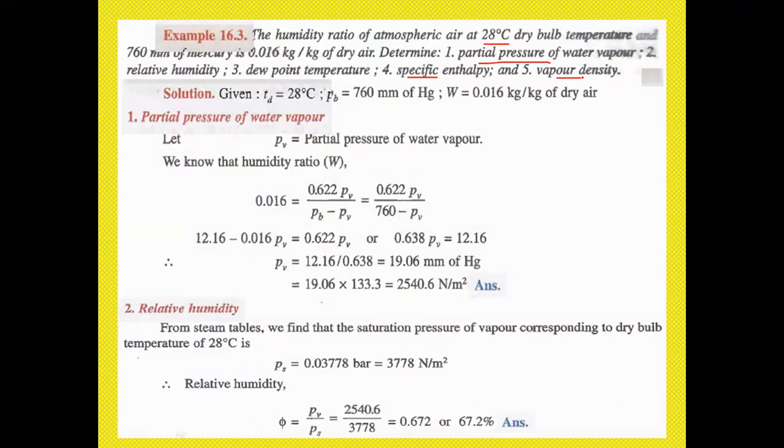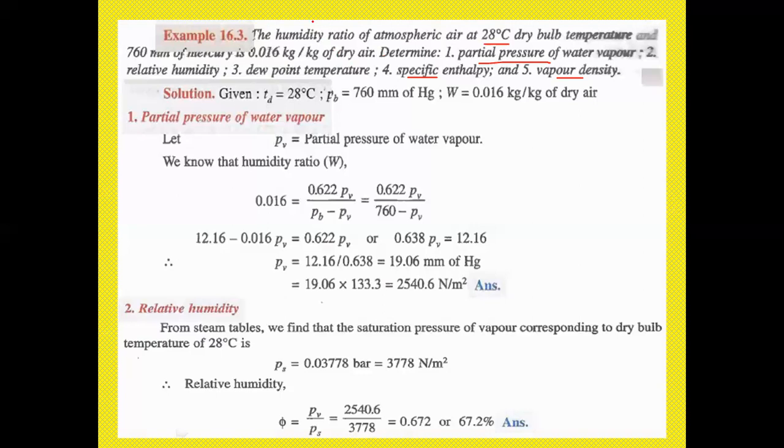From the given problem, first write the given data. The temperature of dry air is 28 degrees centigrade, the atmospheric pressure PB is 760 mm of mercury, and the humidity ratio W is 0.016 kg per kg of dry air.